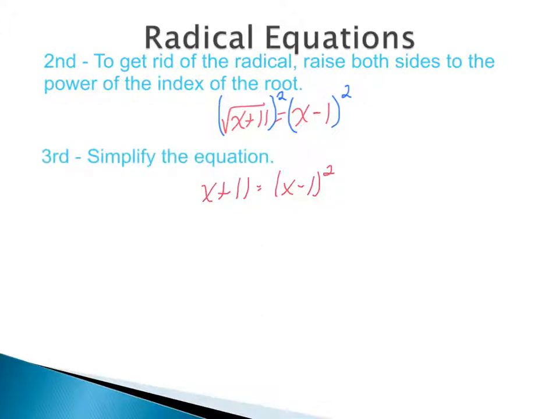So on the right hand side, I do want to work that out. So I have x plus 11 equals x minus 1 times x minus 1. So you're going to need to multiply this out, show your work for it, FOIL, however you want to do that. So that way we have x plus 11 equals x squared minus 2x plus 1.